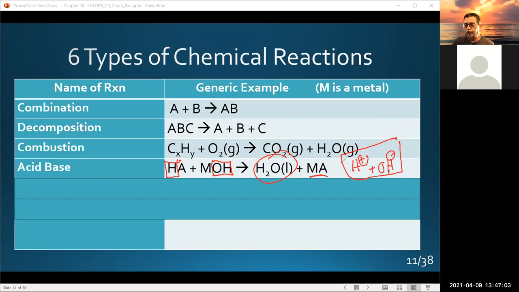So if I have 4 protons, I'm going to need 4 hydroxides, which is going to give me, guess what? 4 waters. So with acid-base or neutralization reactions, follow the protons and the hydroxides. We'll have some examples of how to balance them. That's 4 different types of reactions.